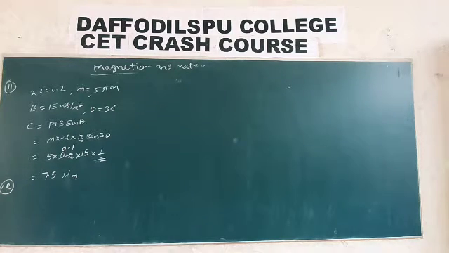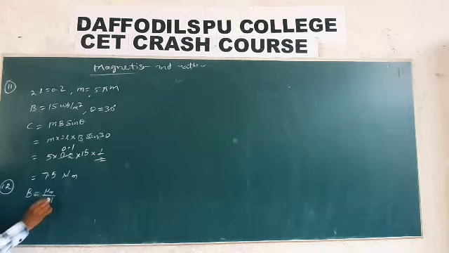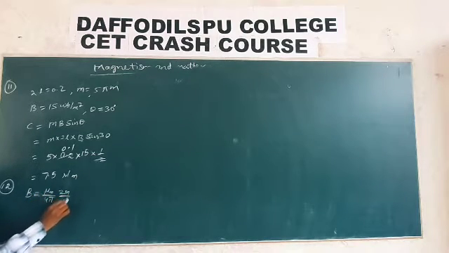So the work done is nothing but mB into cos theta 1 minus cos theta 2. Now parallel means initially theta 1 is 0, and theta 2 is 60 degrees.